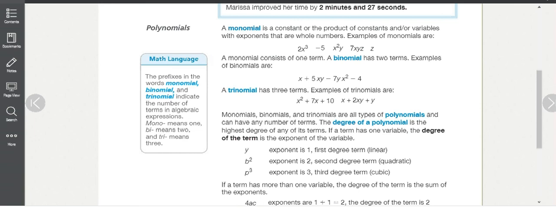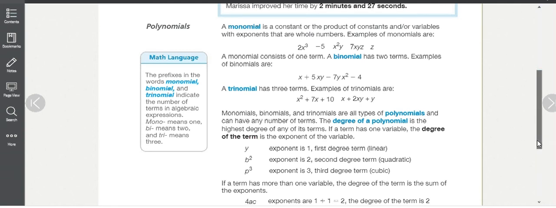Now, a word on polynomials. Polynomials are an algebraic expression that might have terms inside that include variables or numbers. It's basically everything we've been working with in the algebra parts of our Course 3 lessons. A polynomial where you just have one term is called a monomial, because mono means one.